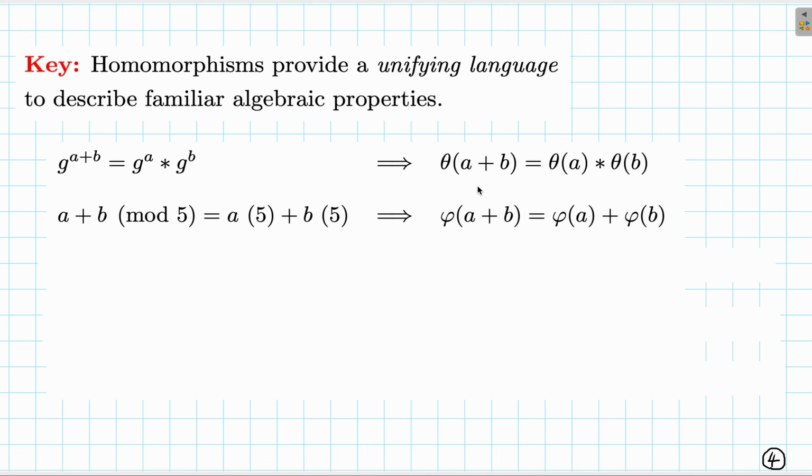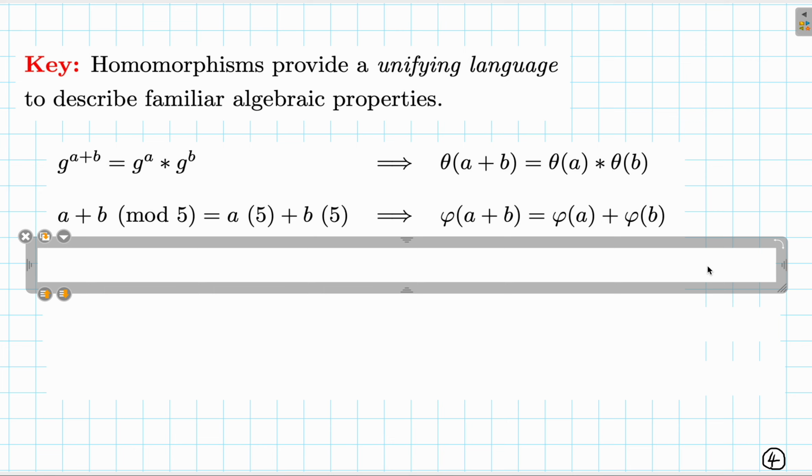Theta of a plus b equals theta of a times theta of b. We also saw the reduction property, how it doesn't matter if you add first and then reduce mod 5, or reduce them individually and then add, and that was described by the fact that our function phi is a homomorphism.